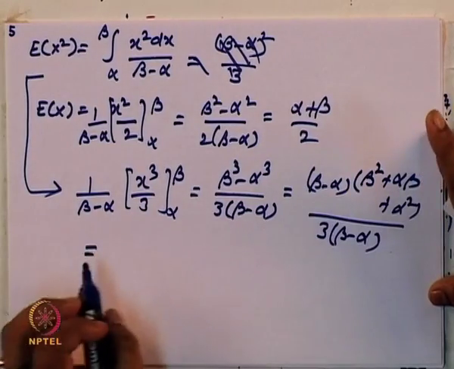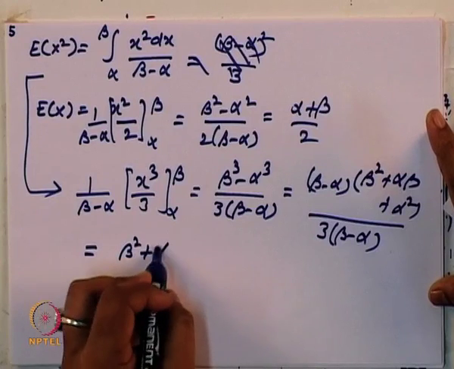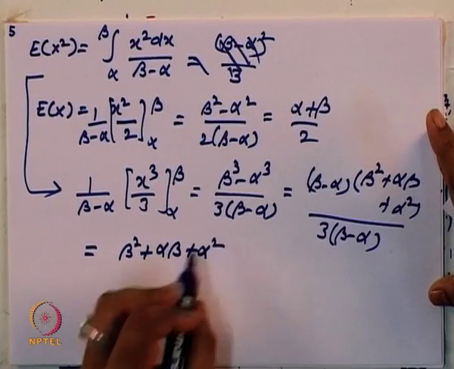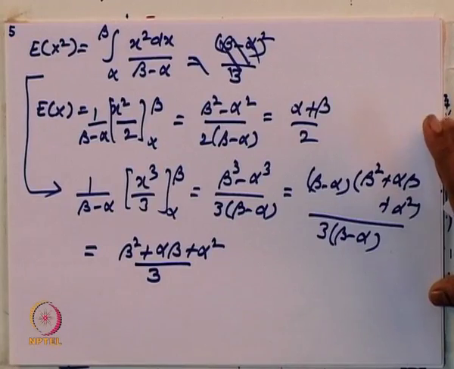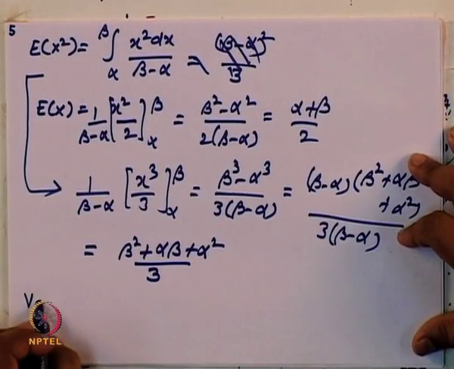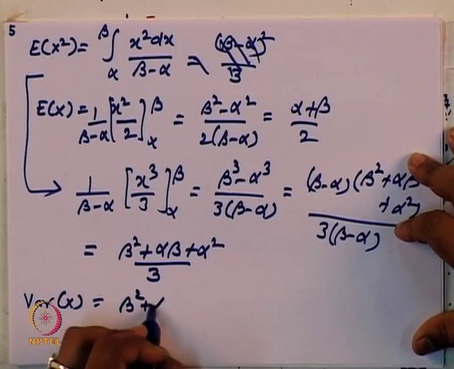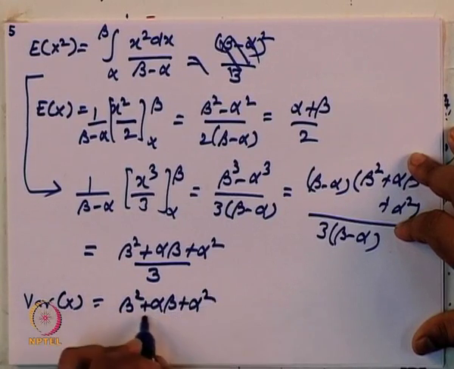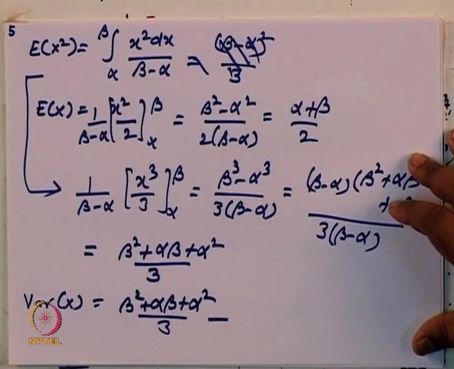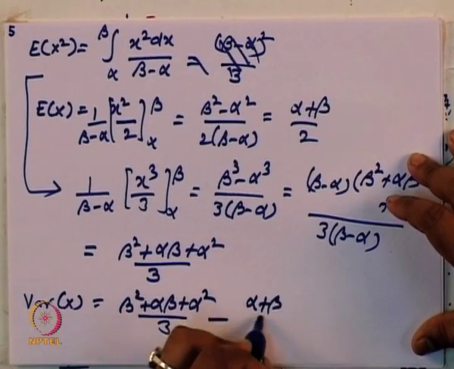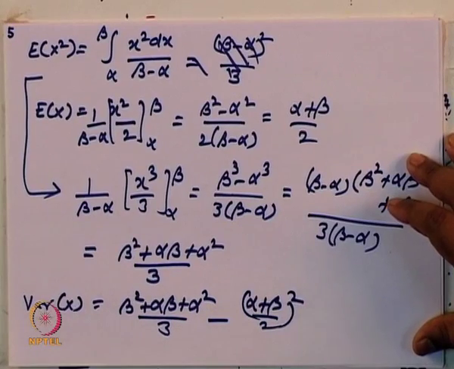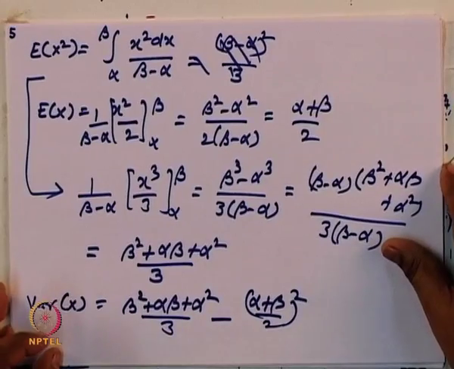So, this would give you a value of beta square plus alpha beta plus alpha square by 3. So, your variance of x then becomes beta square plus alpha beta plus alpha square by 3 minus alpha plus beta by 2 whole square. You can simplify this and see what value you get. So, that brings our discussion of the uniform distribution to a close.